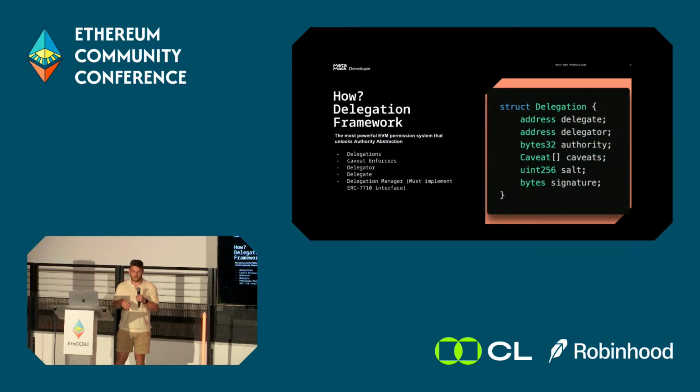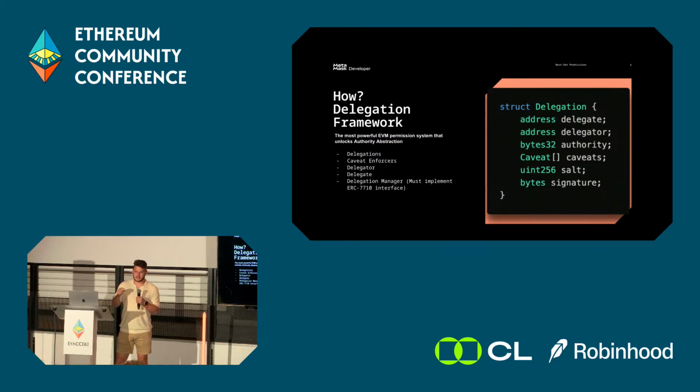And it can get as granular as you want, right? And we have what we call caveat enforcers, which are just contracts that enforce the state of the delegation. So they would enforce the token transfer or a vote contract or whatnot. And these contracts, these caveat enforcers, are completely extensible. So anyone can build their own caveat enforcers to unlock a range of use cases. One piece here is we also have a delegation manager.